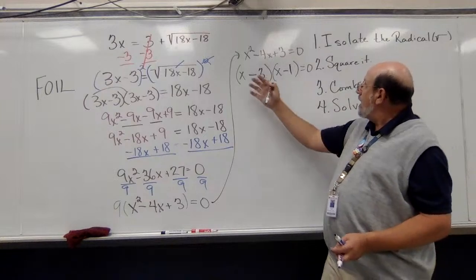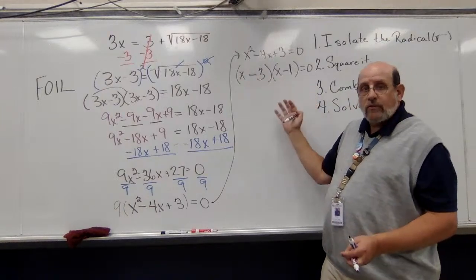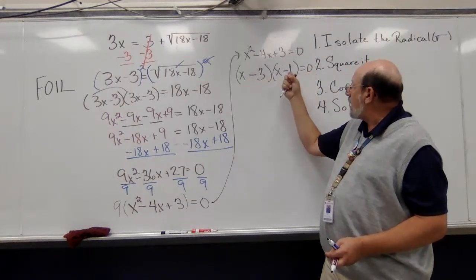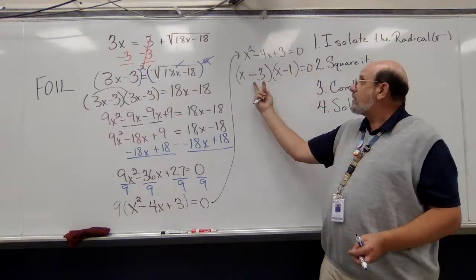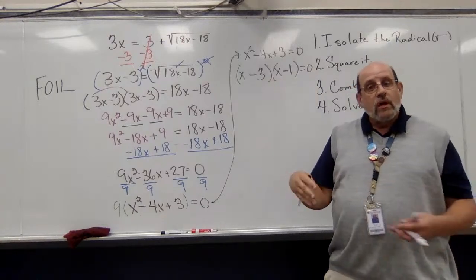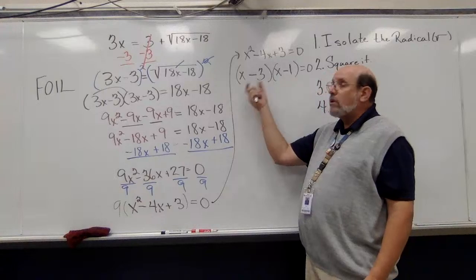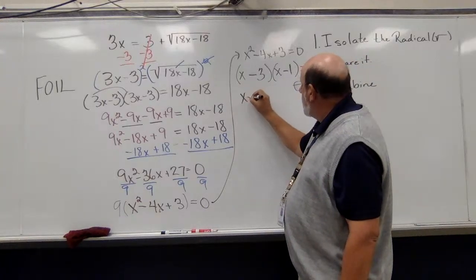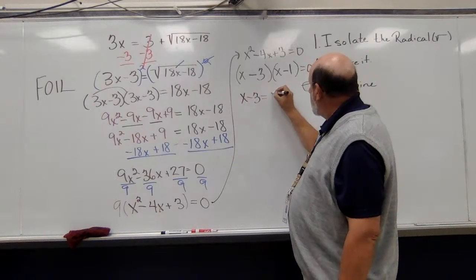There we go. Now, all I have to do is solve x minus 3 equals 0 and x minus 1 equals 0. Because if either of these sets of parentheses equals 0, then the whole thing equals 0 because we're multiplying them. All right, so we'll just solve it. X minus 3 equals 0.